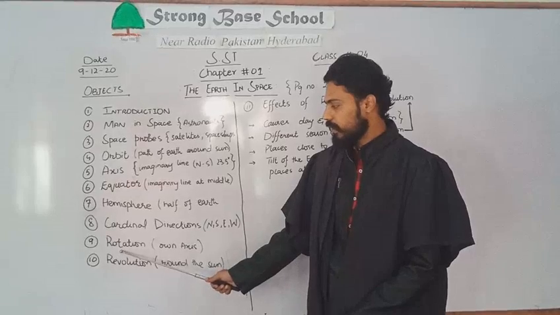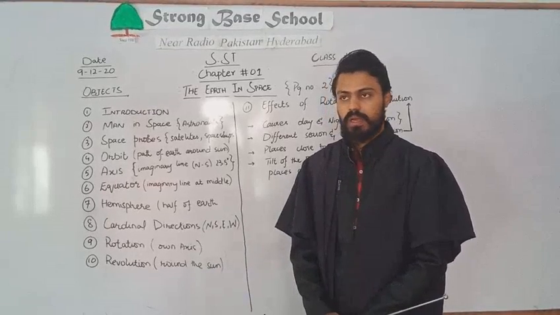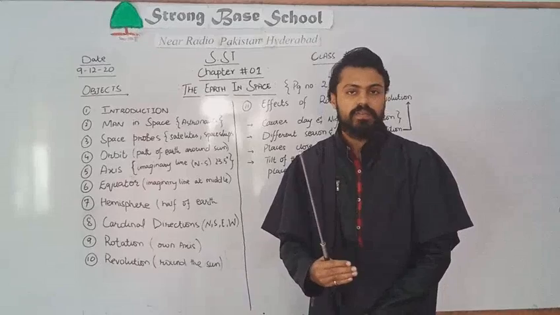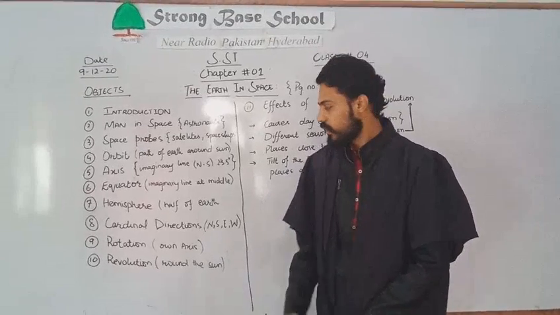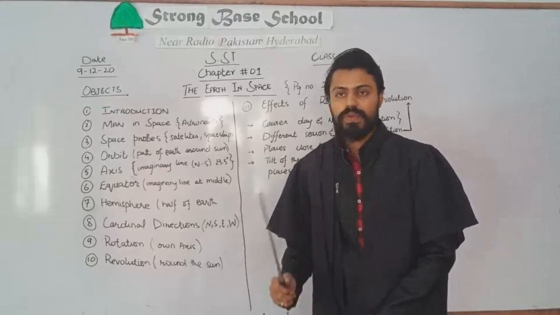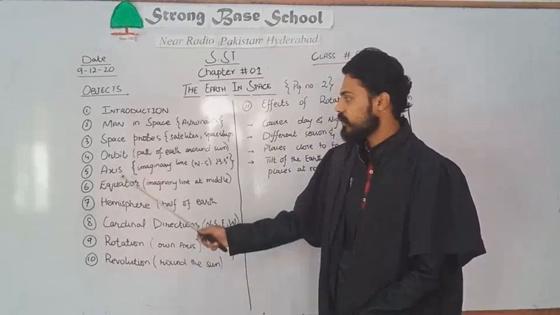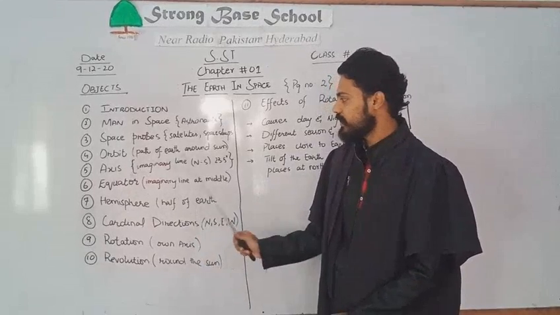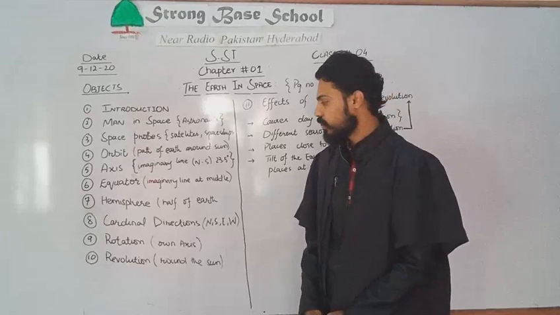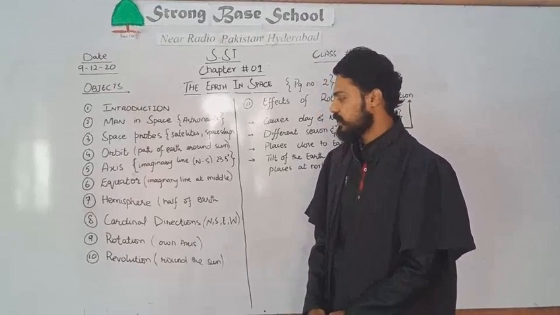After that, point number 9, rotation. As you know, Earth has a rotation. Okay, rotation means moving on its own axis. As I have told you, Earth has an axis, meaning an imaginary line. Okay, so it moves on its own axis.